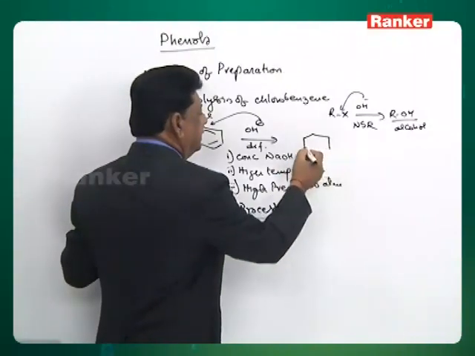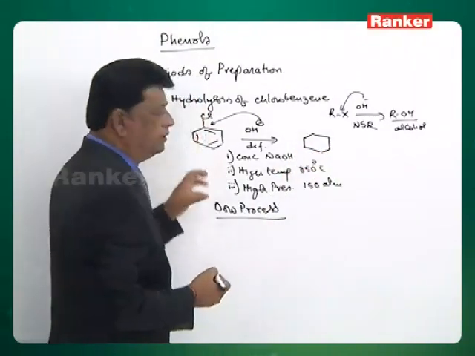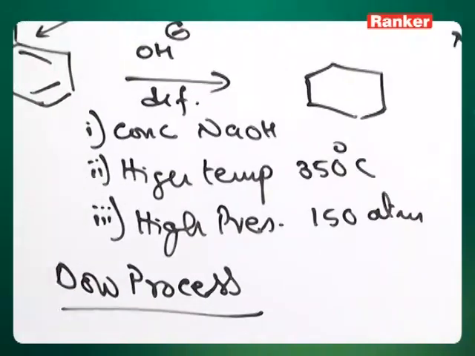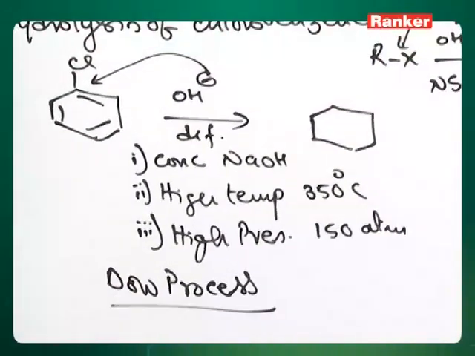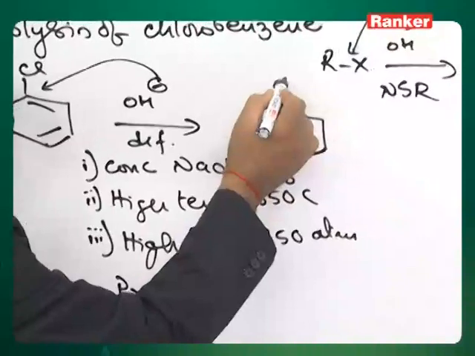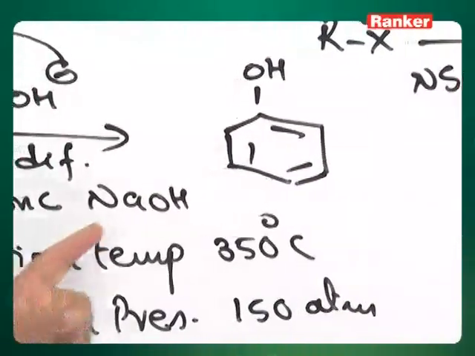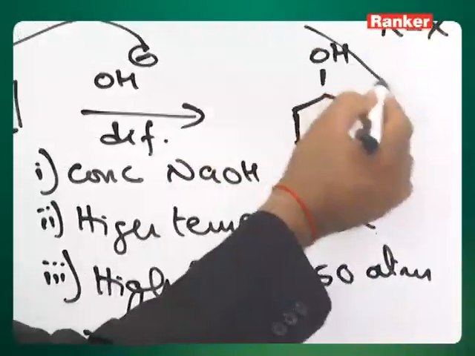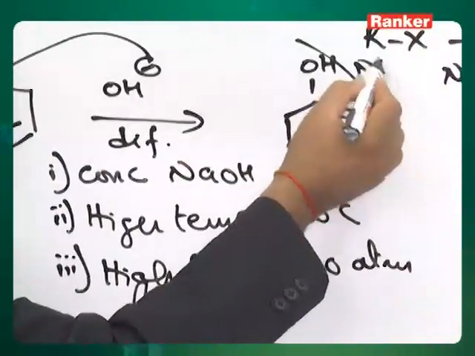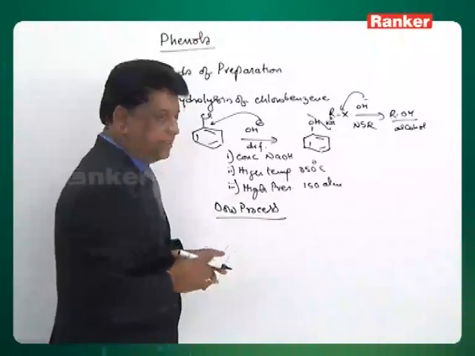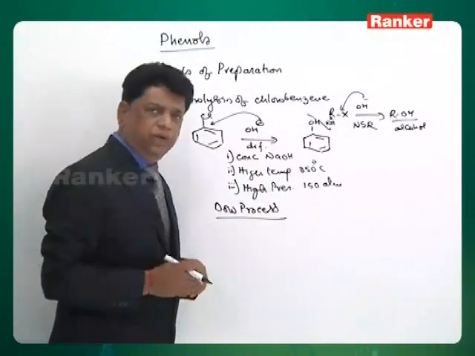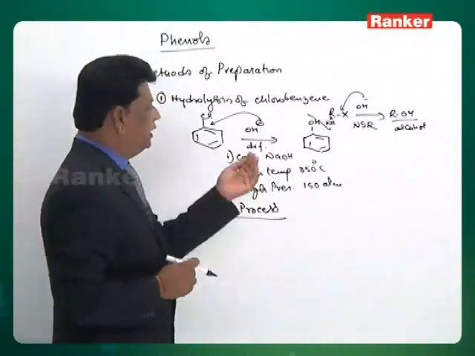The concept is, as I said, that chlorobenzene is less reactive towards aromatic nucleophilic substitution. Somehow you will get it, but the moment you get the phenol, because of the high concentration, the sodium salt will be the product. On dilution with dilute HCl you will get the phenol.